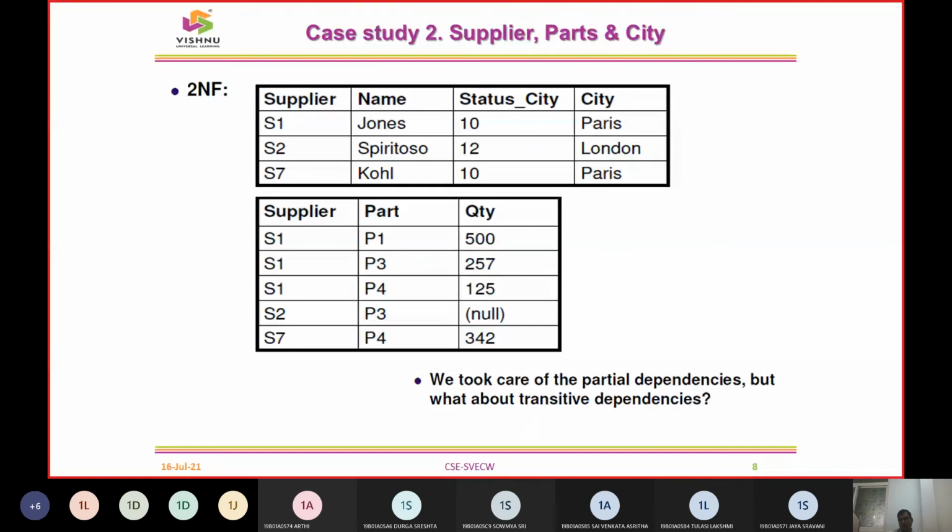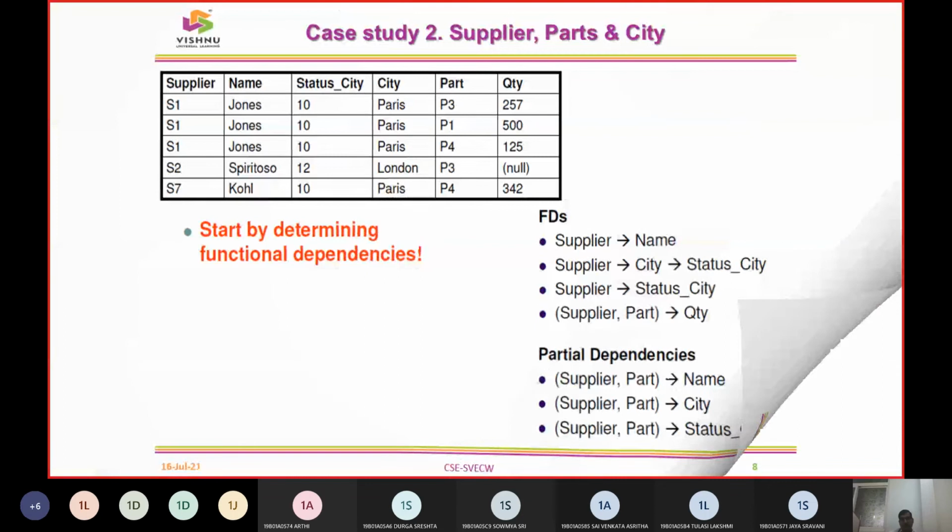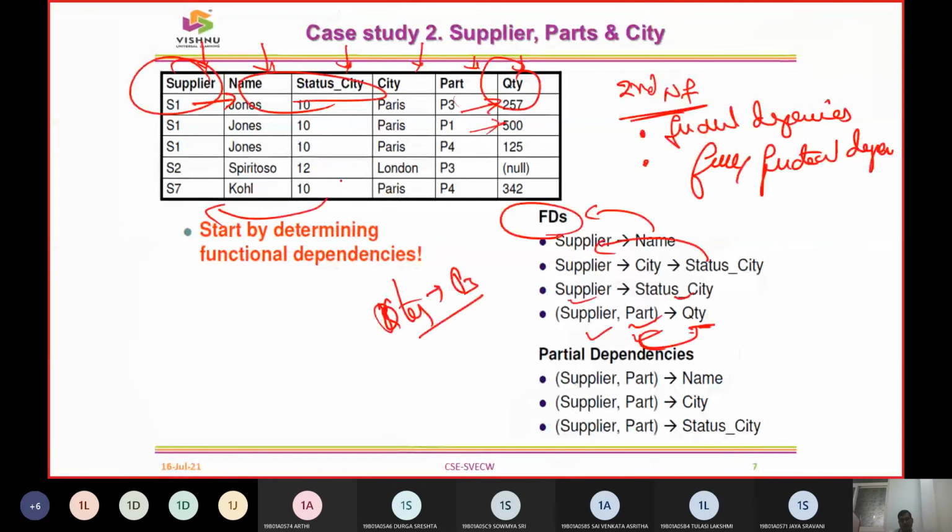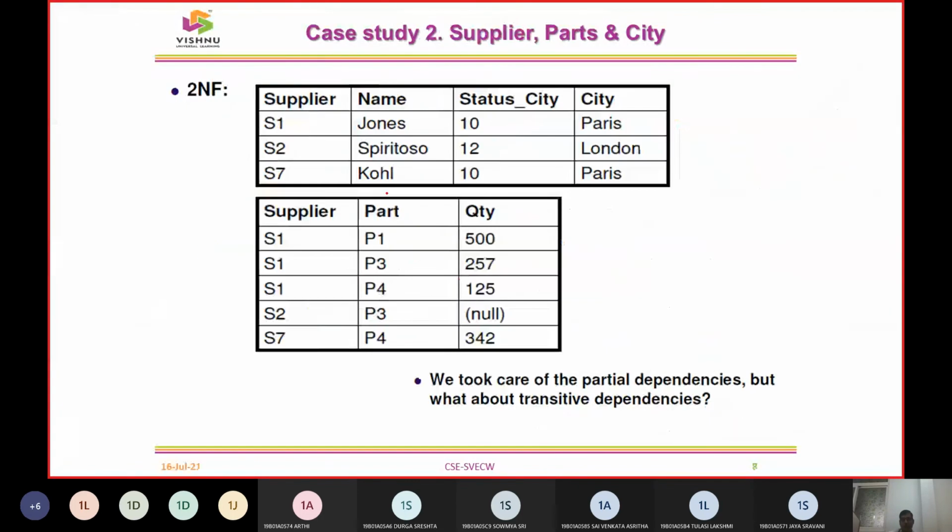Now to solve this functional dependency, instead of putting all the elements, supplier, supplier name, city, status city, followed by part and quantity, we are going to divide the items. That is supplier followed by part and quantity, they are going to be put into a single table. Then we are going to have supplier with name, with city, with status city.